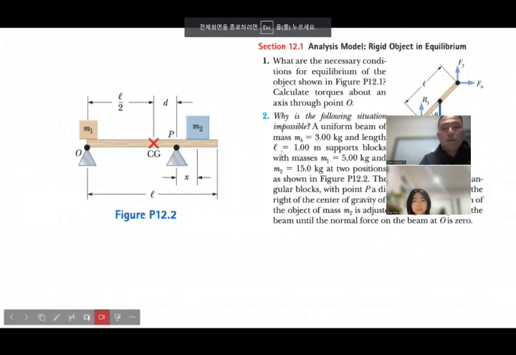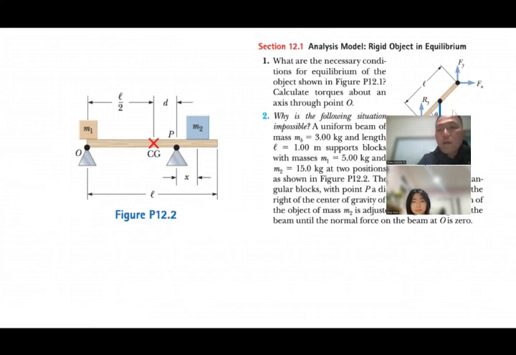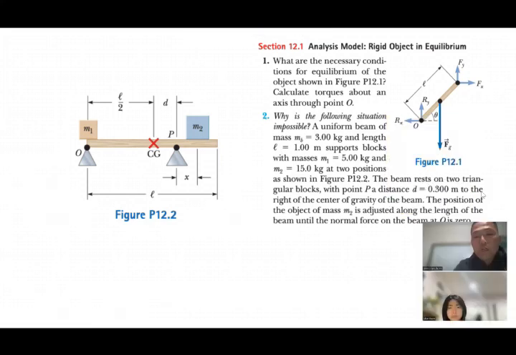So now, let me just explain the situation. I think now you have this beam, right? And the middle of this beam is the center of gravity, downward. And you have two masses.